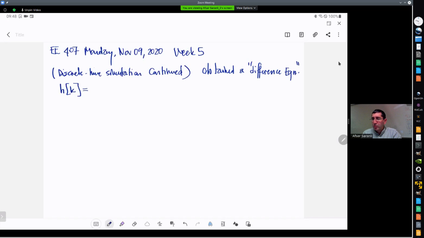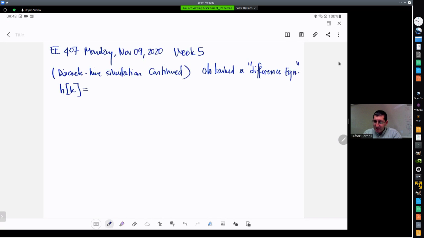Remember that continuous time systems are characterized by differential equations, and correspondingly discrete time systems are characterized by difference equations. Okay, so here we have a difference between hk and hk minus 1.